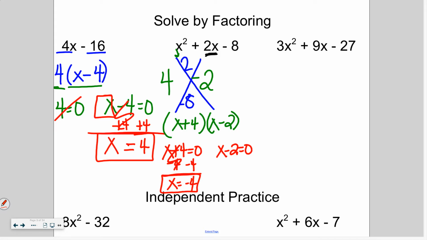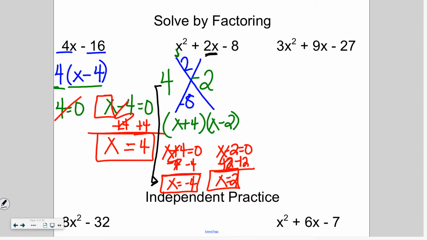If I do the other one, I'm going to add 2 to both sides. So x is equal to 2. Now if you look, all that happened between here and here is that my sign changed. That's it. So if you catch that, you can do it that way. If you don't, that's perfectly fine as well.